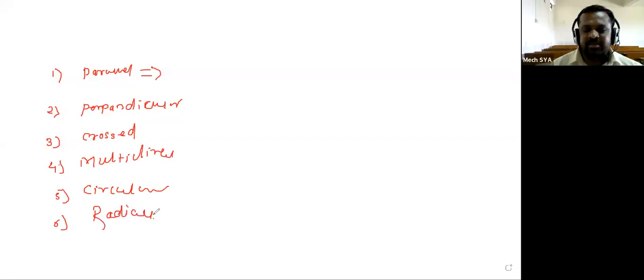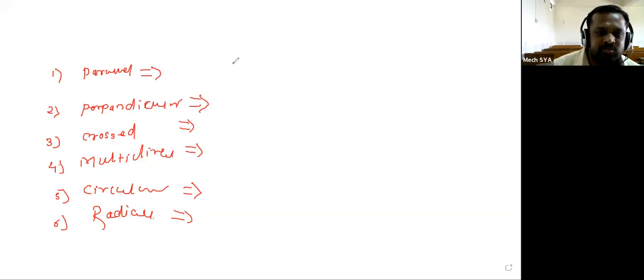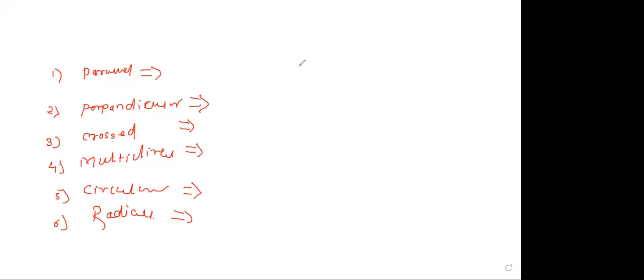Now tell me the symbol for each type of direction of lay. How to represent the parallel direction of lay? We just have to draw two parallel lines. Okay, good.